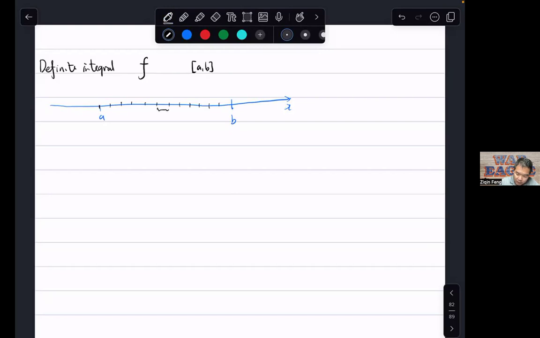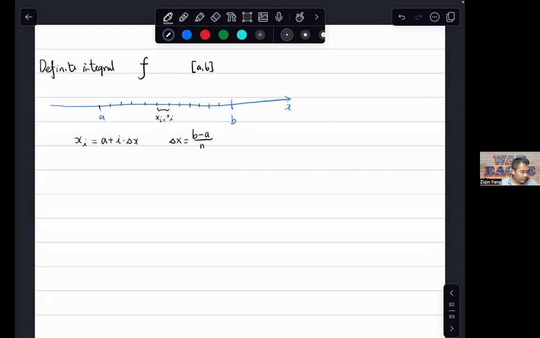You choose one of them, from x_{i-1} to x_i, where x_i is a plus i times delta x, and delta x is the width of each subinterval, b minus a over n.